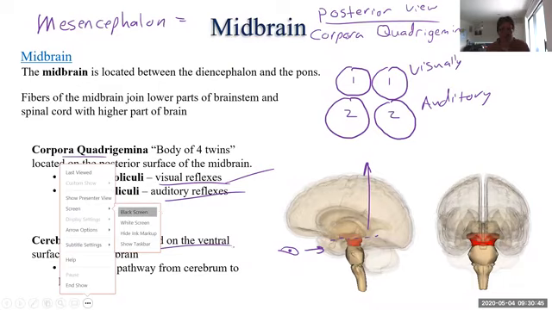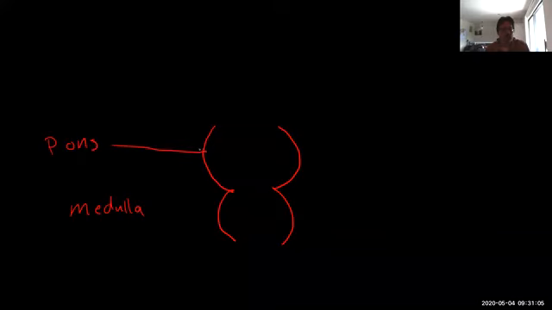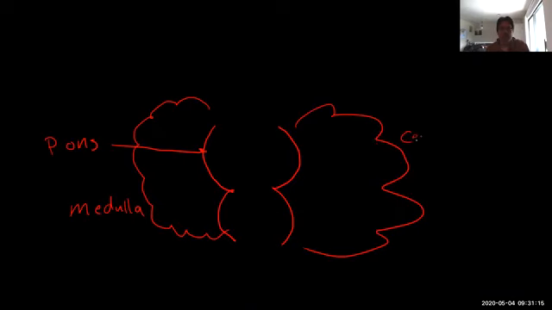Let's suppose this is our medulla. Here's our pons. And then just behind the pons, you would, of course, have the cerebellum. So let's go ahead and add in the cerebellum here. And of course, let's add in our spinal cord. So there's the spinal cord.